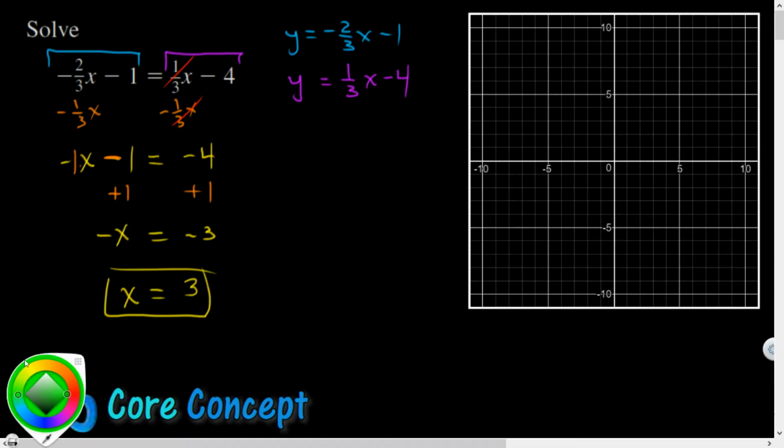To graph these, what's the slope of this blue equation? Negative 2/3. What's the y-intercept of that blue equation? Negative 1. So I'll start at negative 1. I'll move by my slope. Well, it's negative, so it's going to be down 2 over 3. Down 2 over 3.